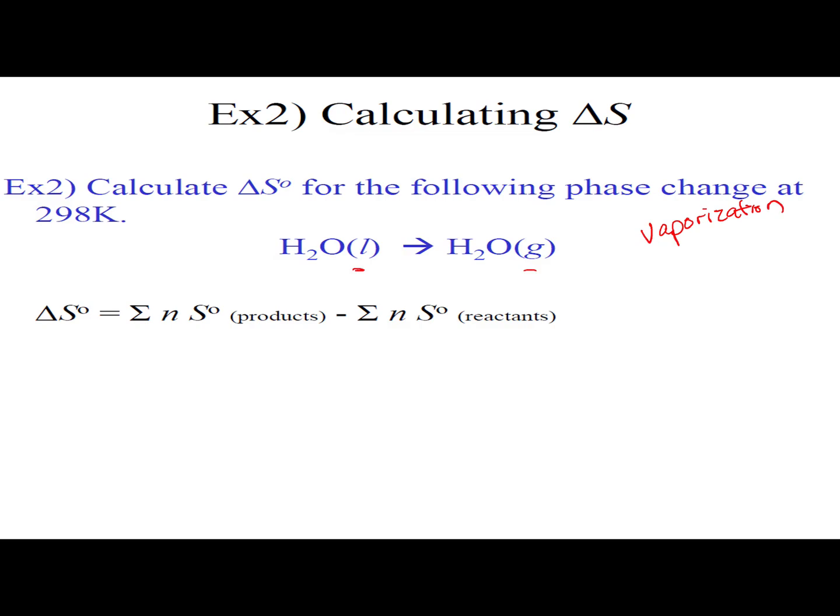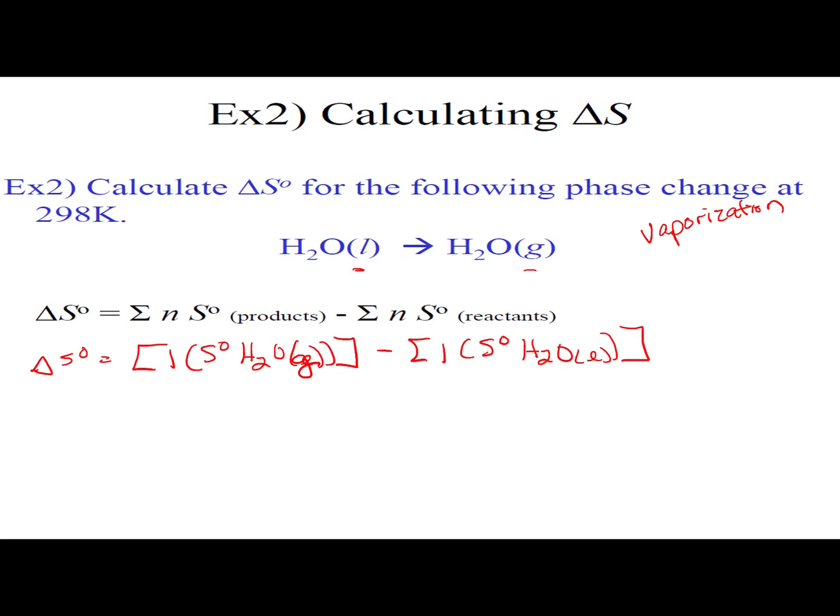We will predict that process to have a positive delta S. So let's see if at 298 Kelvin or 25 degrees Celsius, it actually does have a positive delta S. Our delta S° here is going to be our products, so 1 times the standard entropy of H2O gas, minus, because that's products minus reactants, 1 times the standard entropy of our water as a liquid.